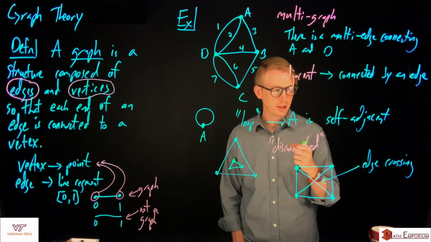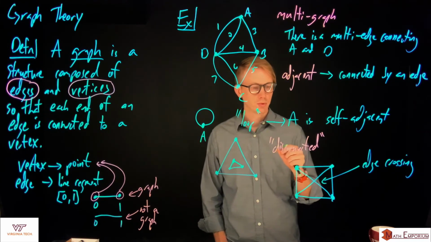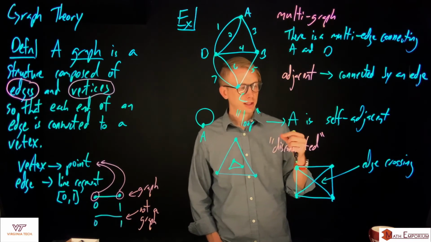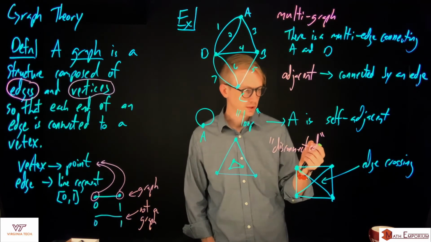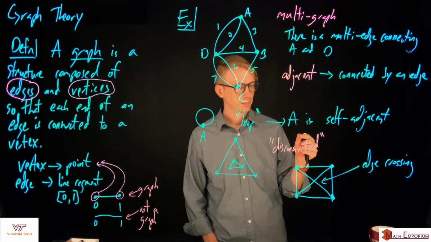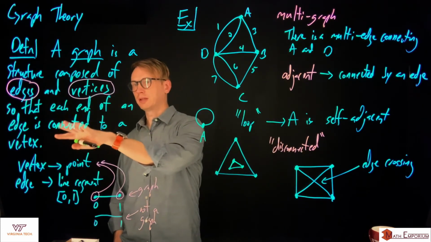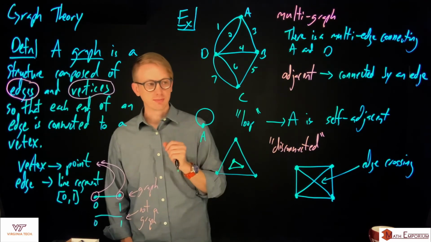In many applications, we're going to allow edge crossings, but we're going to actually spend a chunk of time where we're going to discuss whether or not we can avoid having edge crossings. This is due to a few important applications that are physical applications often, but think of it this way. So a graph is really just a structure made out of points and line segments. And then you have to put this graph somewhere.